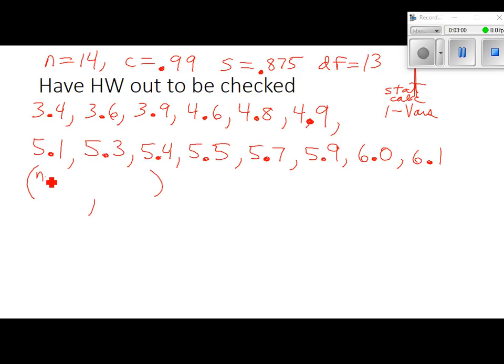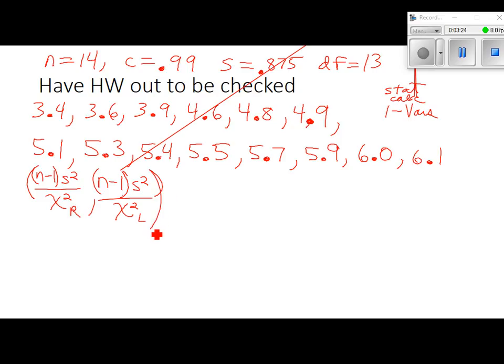I think it's (n minus 1) times s squared over chi squared right, and then (n minus 1) s squared over chi squared left, correct? There should be a big parenthesis there.